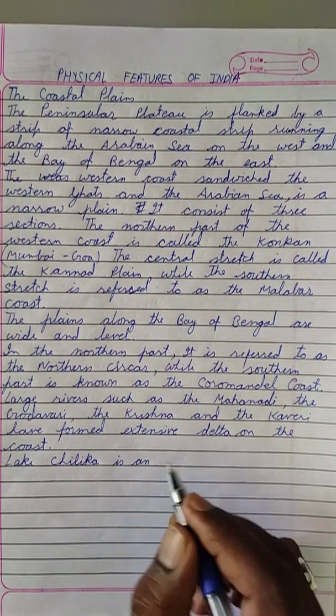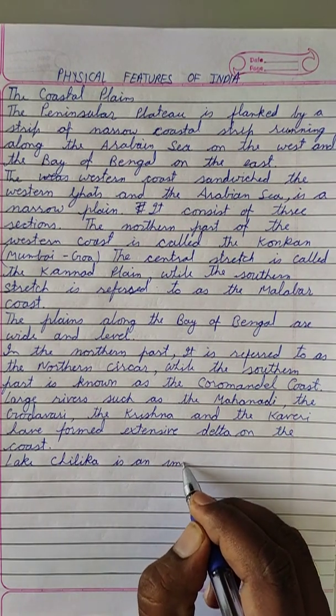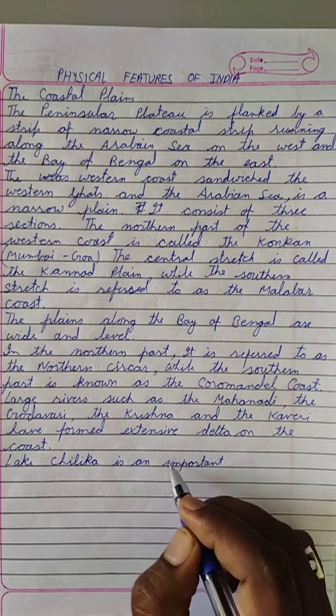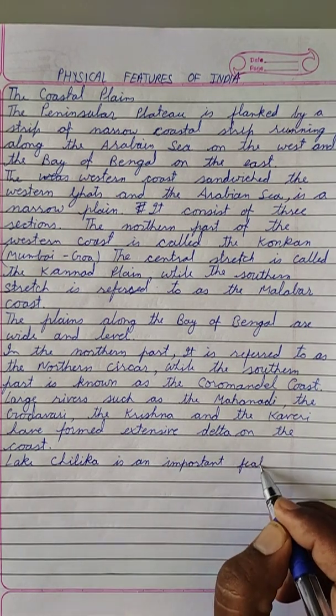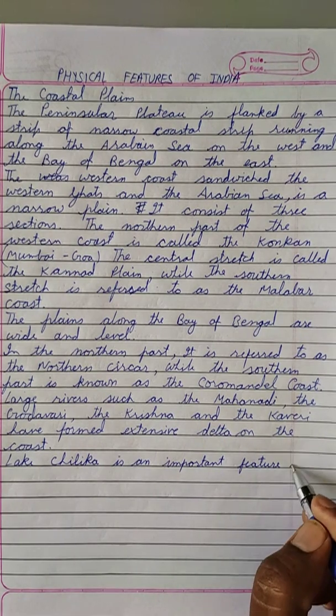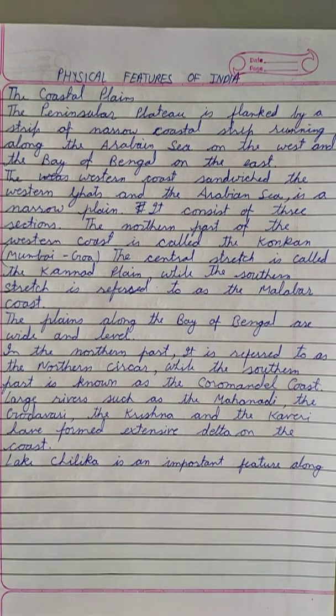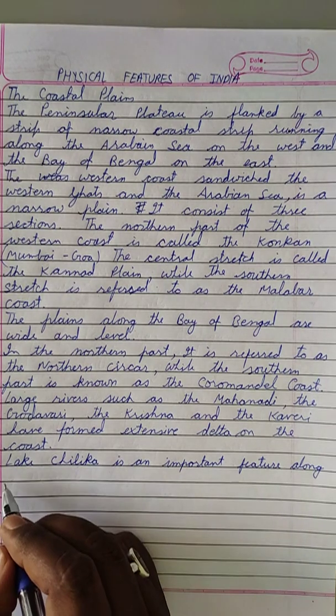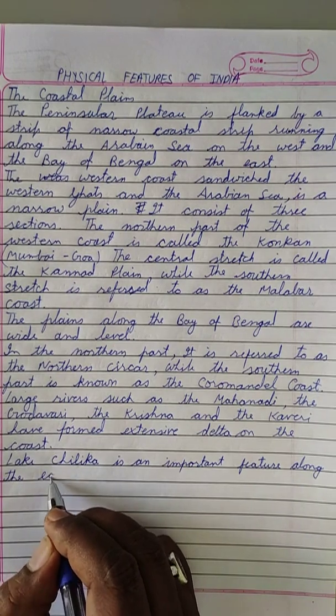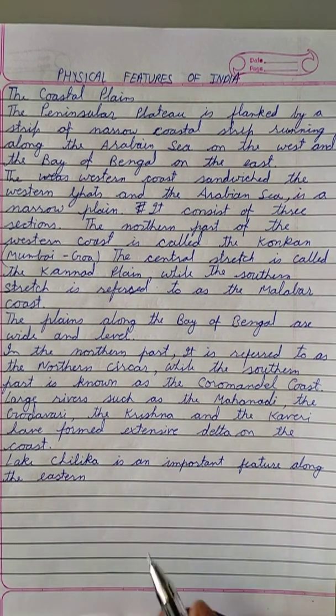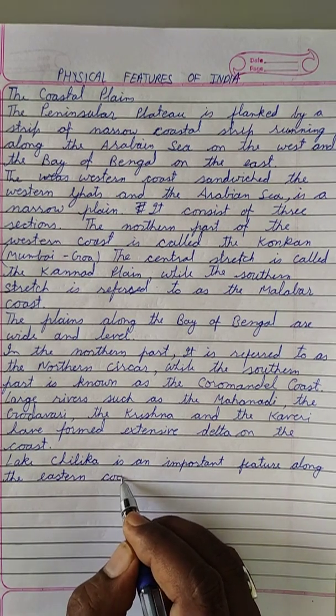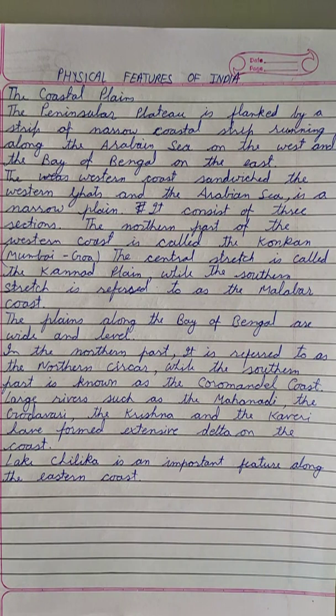It is an important feature along the eastern coast of India. This is a lake. When there is a high tide, water flows into Lake Chilka from the Bay of Bengal.